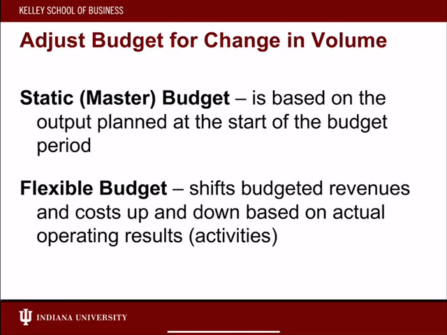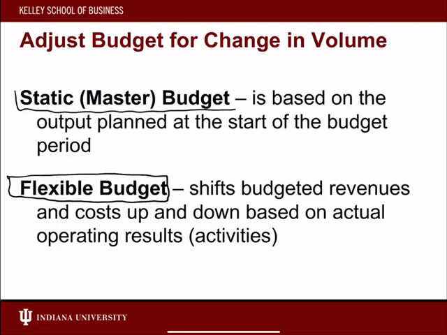So today, our main focus is going to be on this flex budget. Last class, we looked at the static or master budget, the budget we developed at the beginning of the year, January 1st. We developed that whole budget for the year. What a flex budget does is it looks at the performance at the end of the year and flexes this master budget.